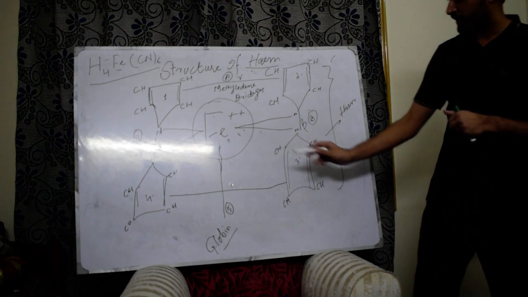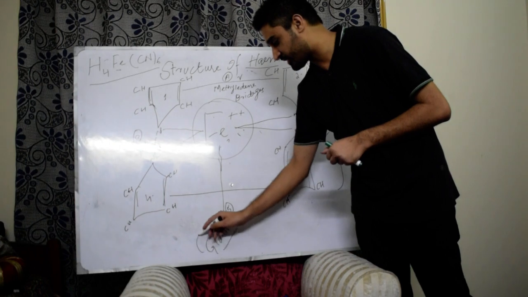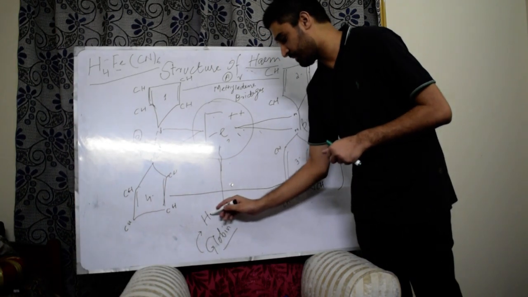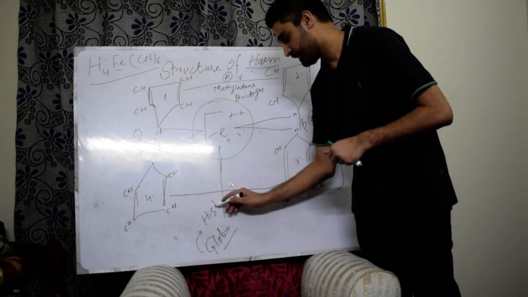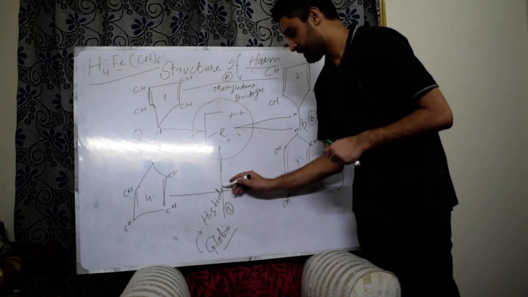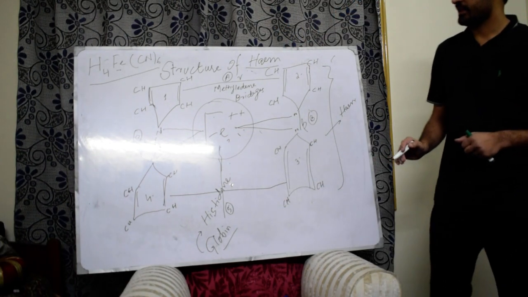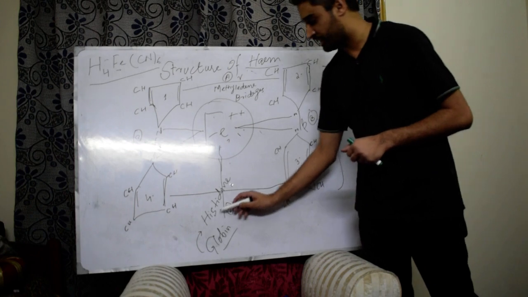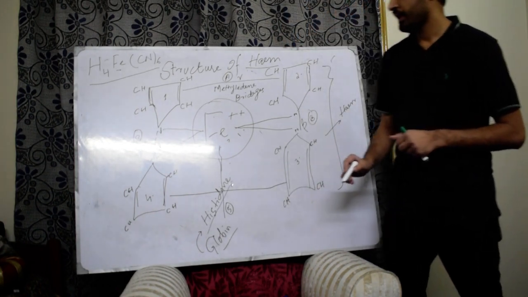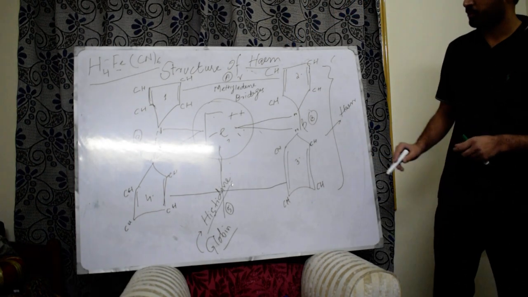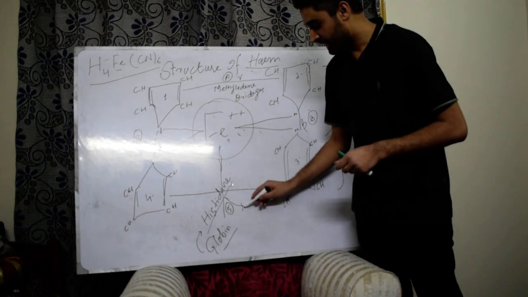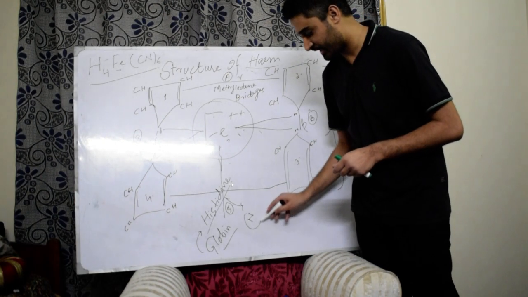Where in the globin chain does this iron attach? In the globin chain there is an amino acid called histidine. This iron attaches itself to the nitrogen molecule in histidine.